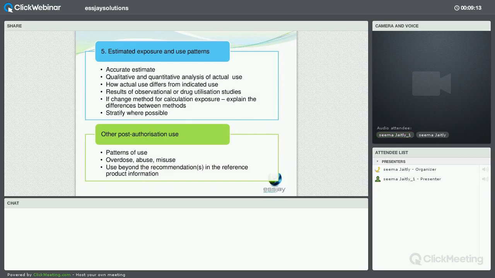Stratification, where possible, is required, and whilst that probably was required or preferred, I should say, in the old format, I think now it is probably more of an expectation that you would have some degree of stratification in there. Within this section, you also have the other post-authorization use, and this really looks at your pattern of use overall and covers areas such as overdose, abuse, misuse, or anything that's above or outside of the reference product information.